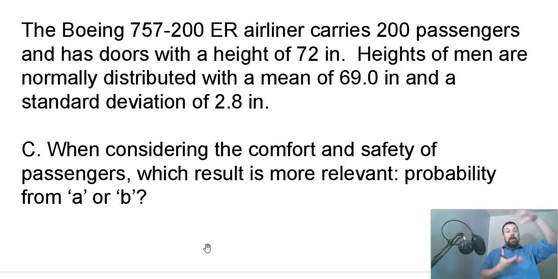Now, for the safety part of it, I don't know. Planes have certain dimensional restrictions. You might not be able to make a door height that's 80 or 90 inches that would allow anybody to walk through without having to bend. So there's that aspect to consider as well. You want to maximize both: you want people to be as comfortable as possible, while at the same time being as safe as possible in how you build your airplane.